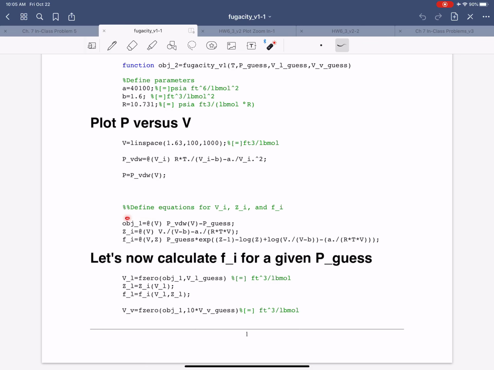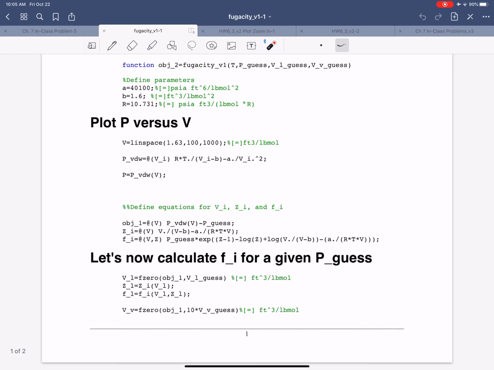All right, in this code, I define an objective function that takes the van der Waals function as a function of volume, and then subtracts off whatever pressure you initially guess. Okay, so I'm having that objective function, and in order to figure out the volume, I want to minimize that objective function. Once I have the volume, then I would calculate z and then calculate f.